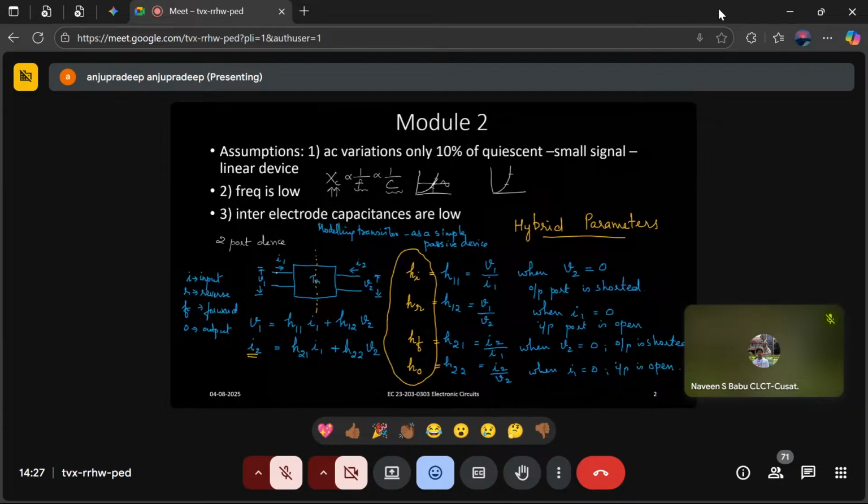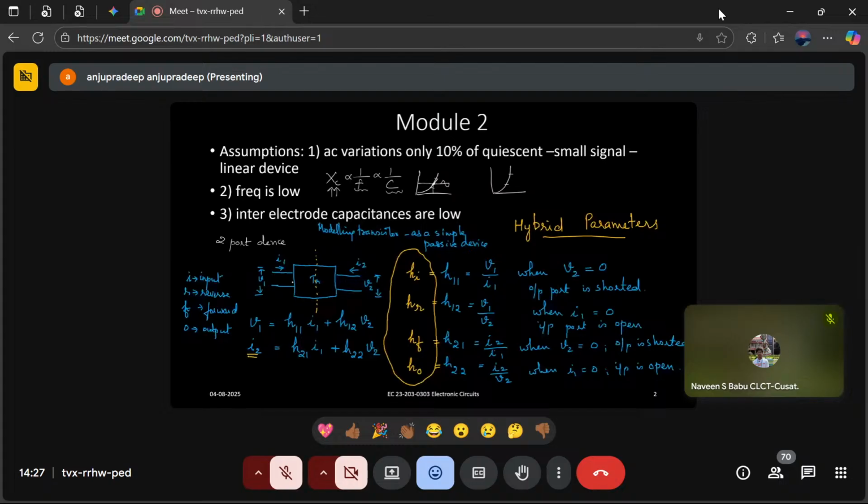What do you mean by port? Port means one end where you are giving input, and at the other side you are taking output. So I stands for input, R stands for reverse, F stands for forward, and O stands for output. This we'll see. So this box is the transistor.